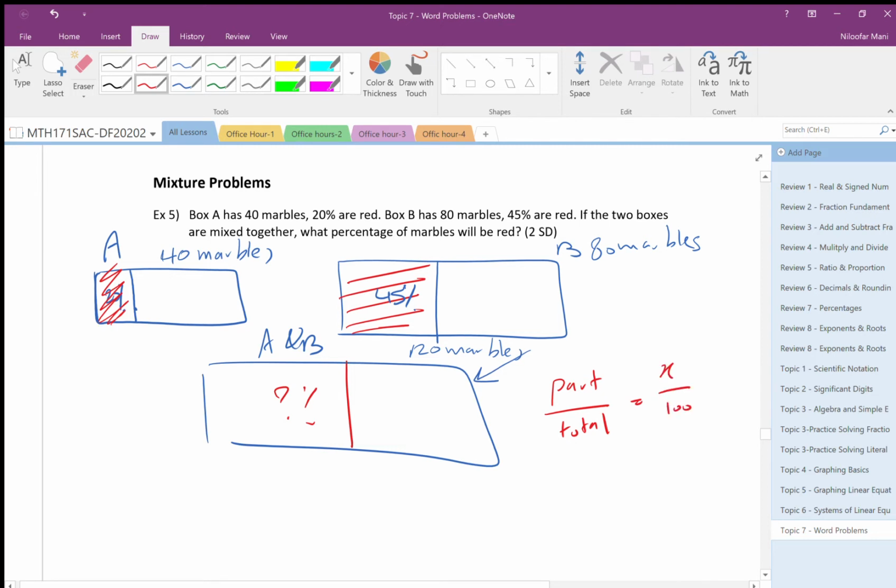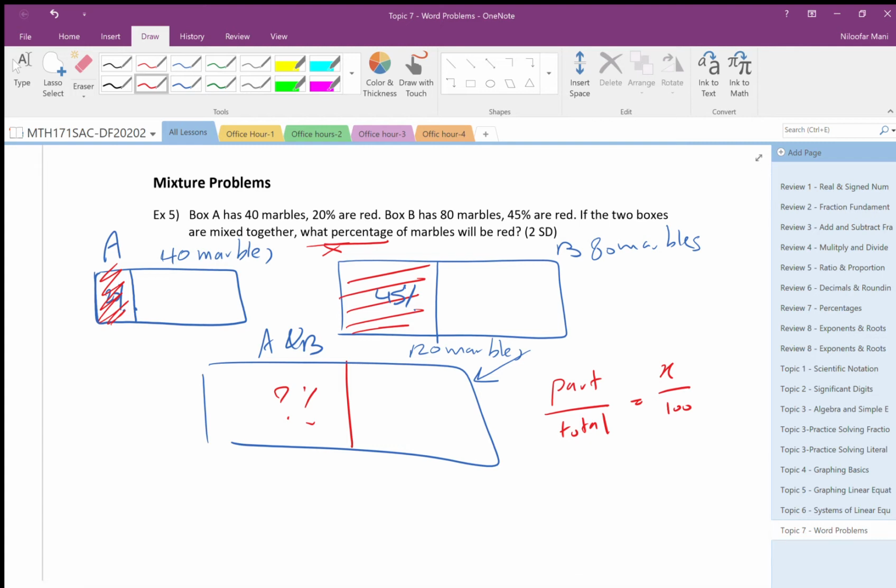I'm looking for X. So I read the question, I understand the type, and now I am visualizing it. I have a box of 40 marbles, the second box of 80 marbles. Then I mix them. It didn't say 120, but I can find it. And I want to know what is the percentage. This is X here.